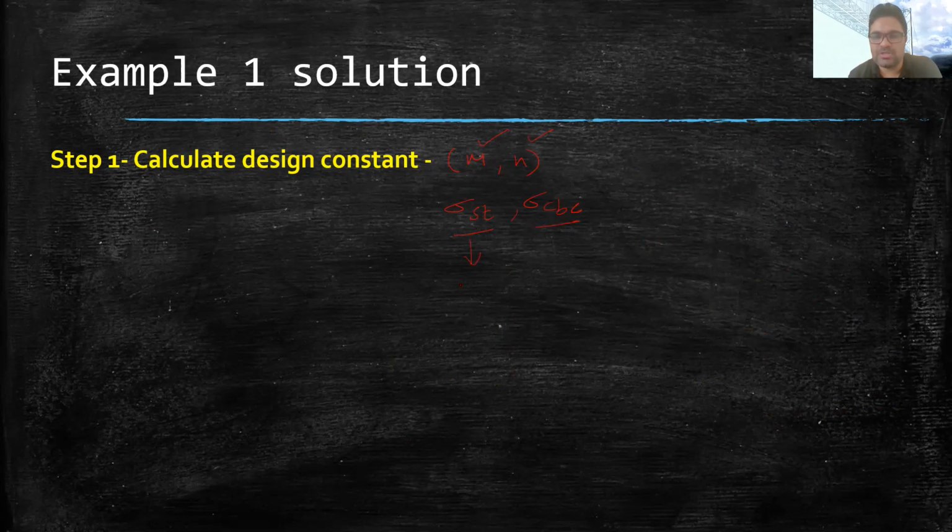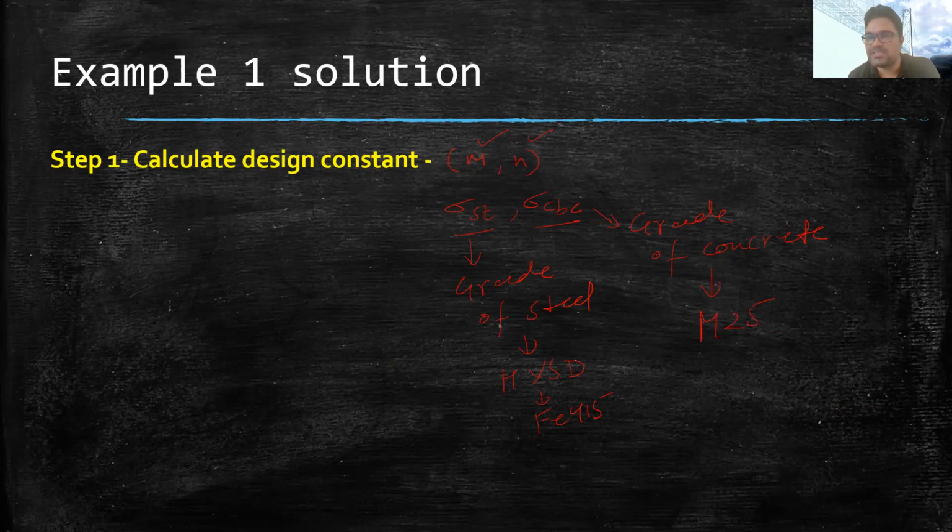Sigma ST depends on the grade of steel, and the grade of steel here in our question is HYSD bar or FE415. Similarly, sigma CBC depends on the grade of concrete, and the grade of concrete in our case is M25.